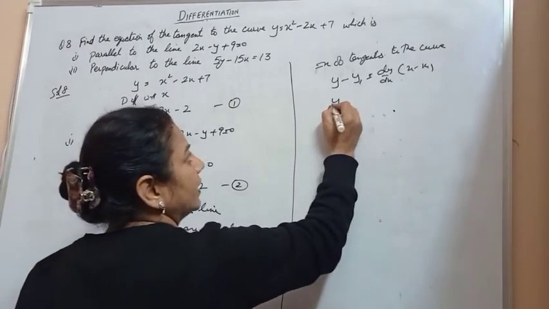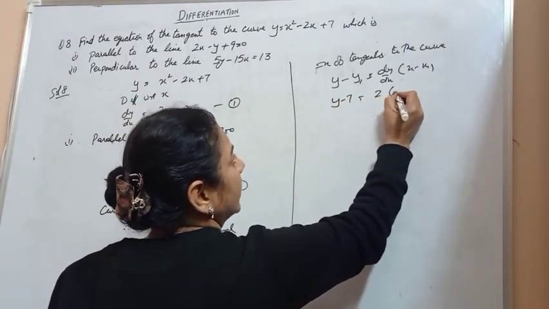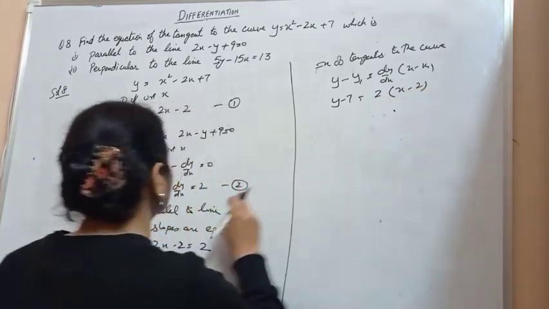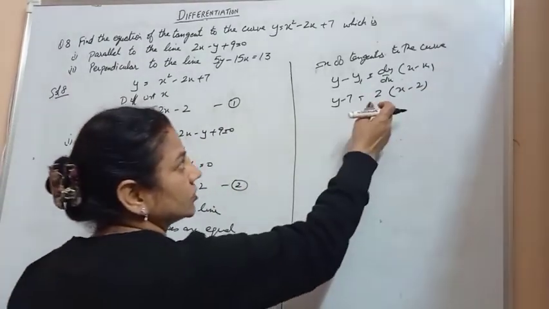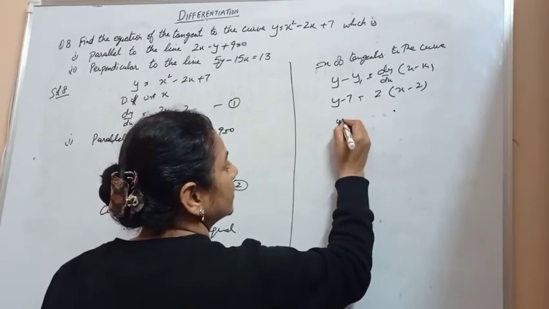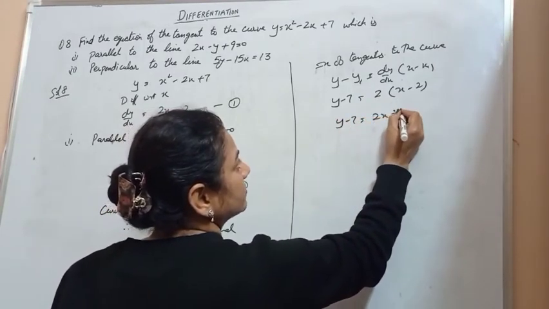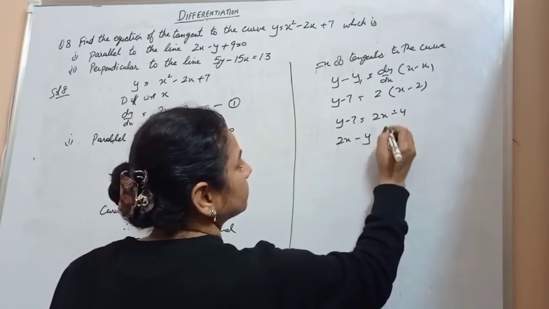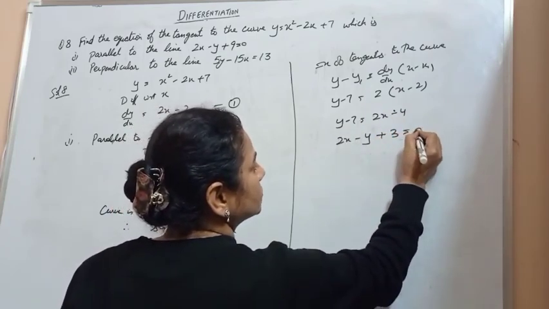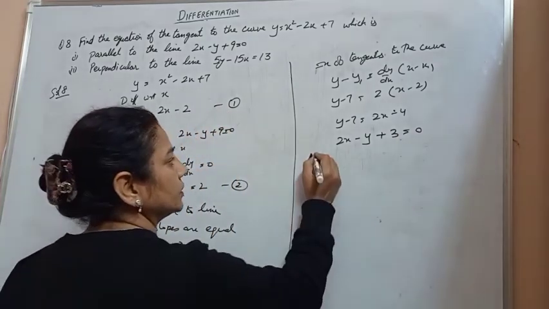So I get y − 7 = 2(x − 2), because slope is 2, already given to us. On solving, y − 7 = 2x − 4. So 2x − y + 3 = 0.